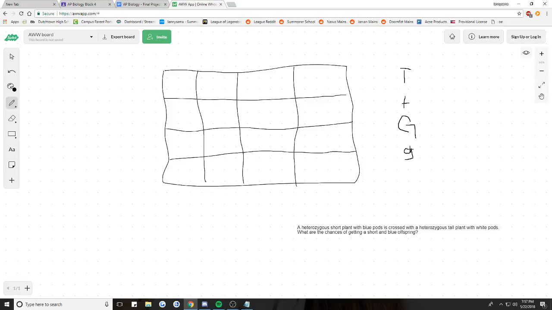So now, after you understand what the dominants and the recessives are, you need to consider the parent genotypes. By considering the parent genotypes, you can successfully label out your dihybrid cross in order to get the correct offspring.